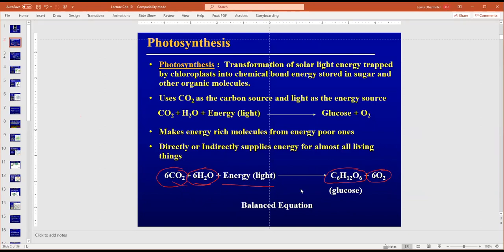And so plants produce glucose and give off oxygen. And that's no secret. The glucose molecules that are produced then are linked together in long chains. And what do we call long chains of glucose?